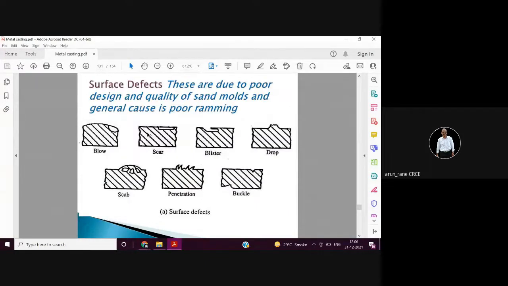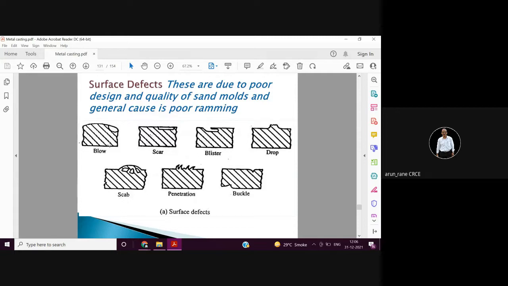So these are the surface defects, and the reasons are poor design, quality of sand molds, poor ramming, and so on.